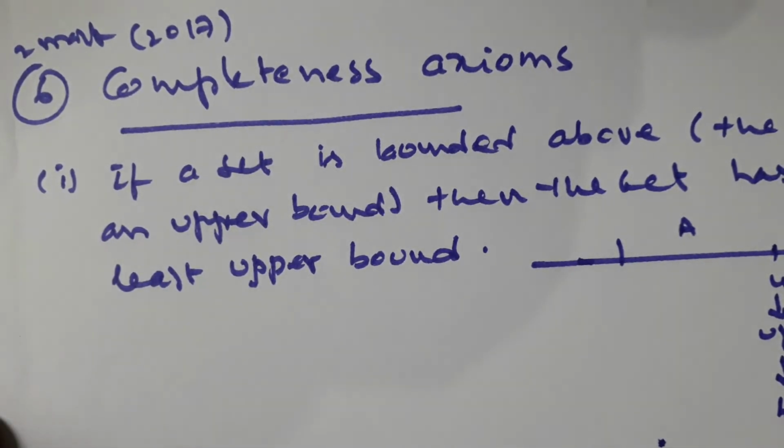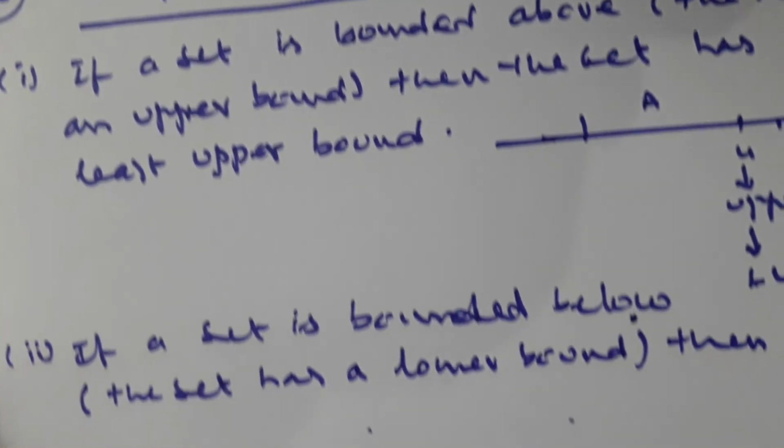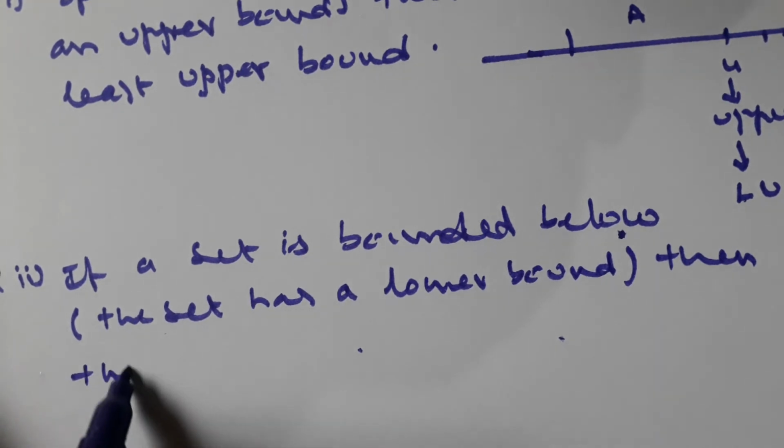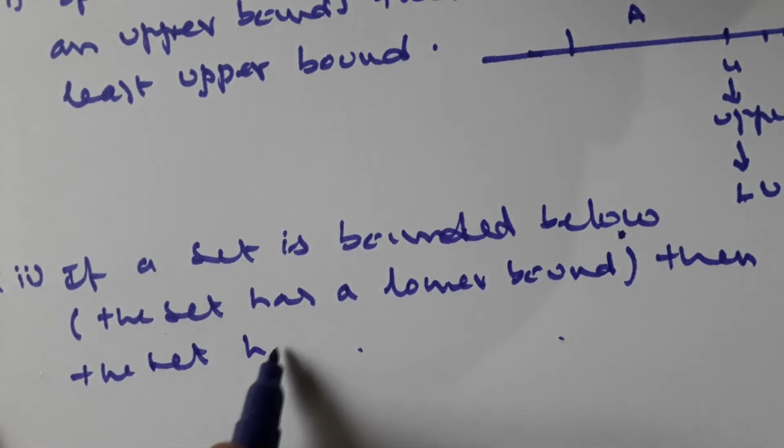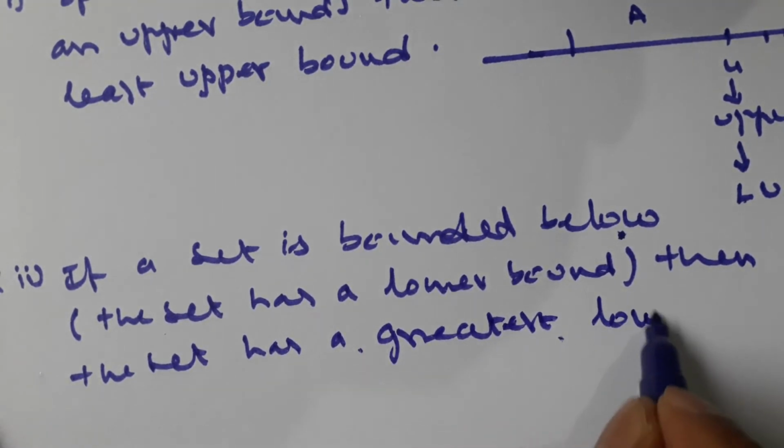Next, one more completeness axiom. If a set is bounded below, that means the set has a lower bound, then the set has a greatest lower bound.